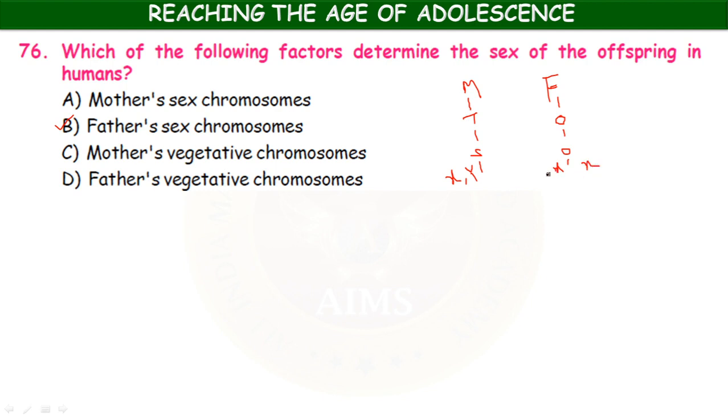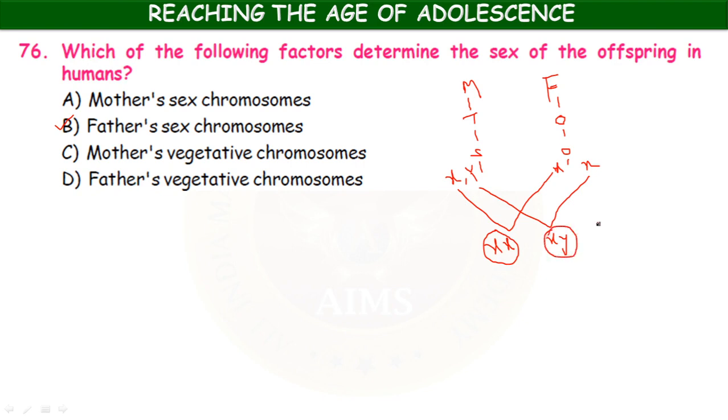If during fertilization the sperm with X chromosome combines with the ovum with X chromosome, it leads to the formation of an XX zygote, which is a female child. If the sperm containing Y chromosome combines with the X chromosome of the ovum, then it results in the XY combination.